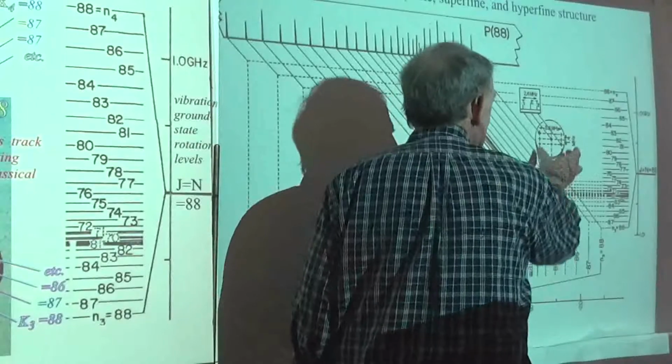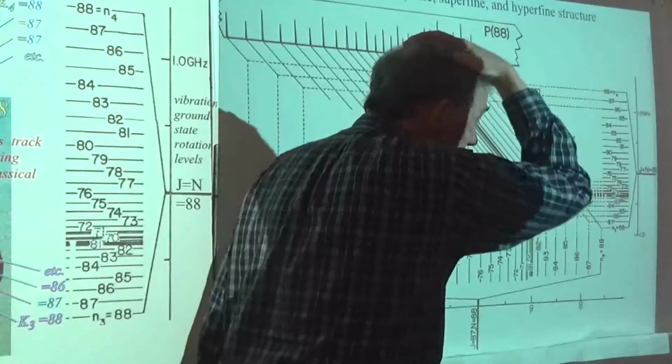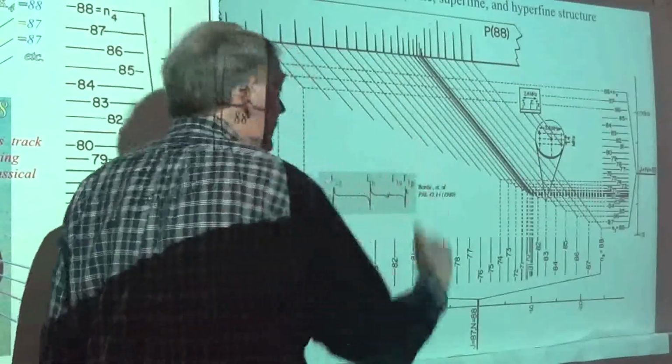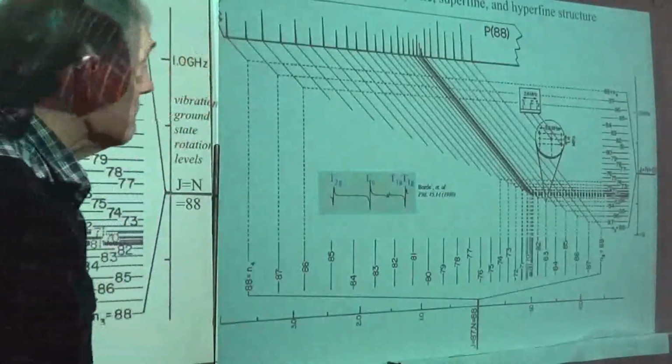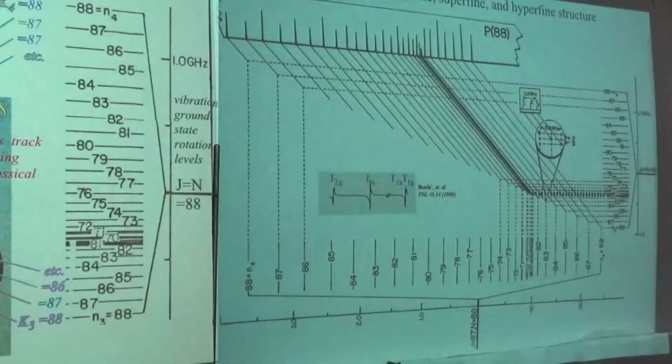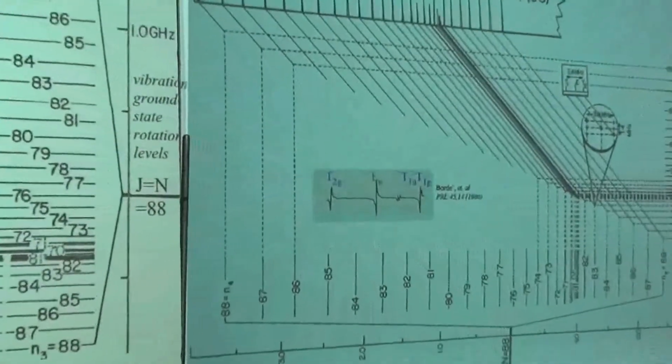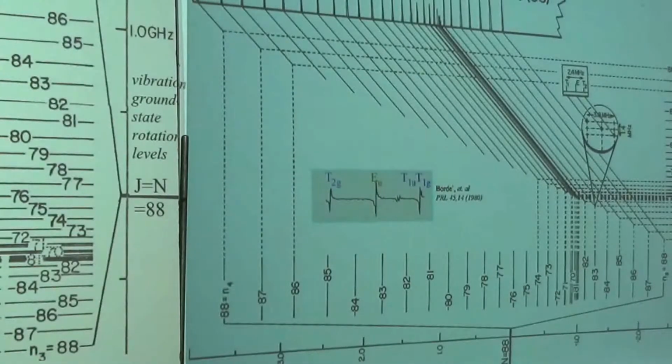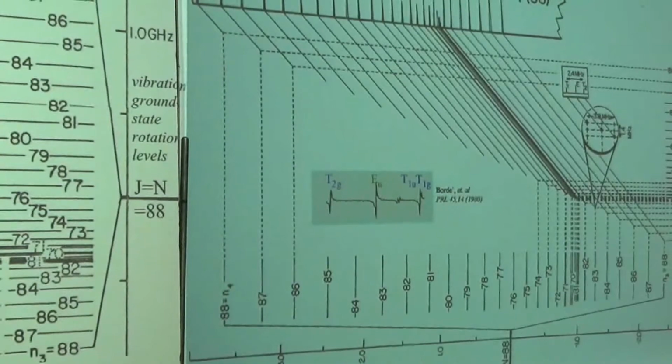And if you look at it with a magnifying glass, as we will in the next lecture, here's a typical spectrum. That was an amazing find, that particular one. That's one of Bordé's T1, T2 spectra. We have to figure out what's really going on there.